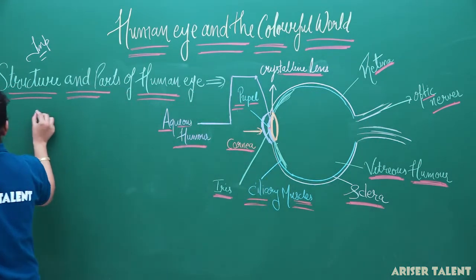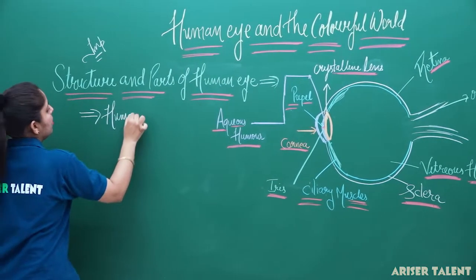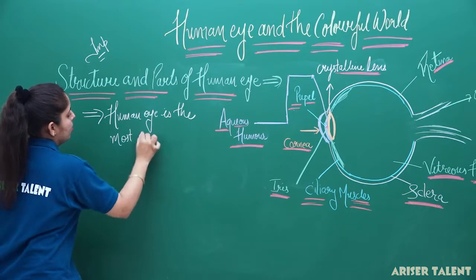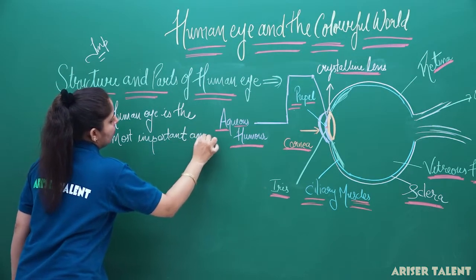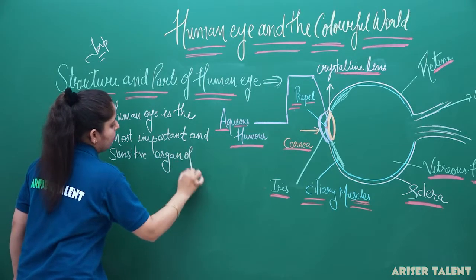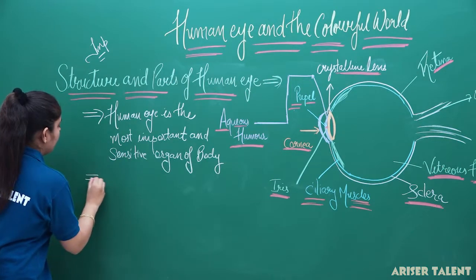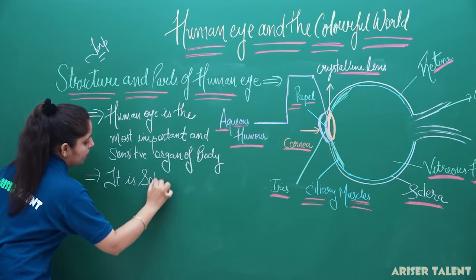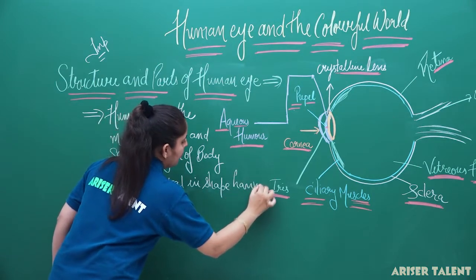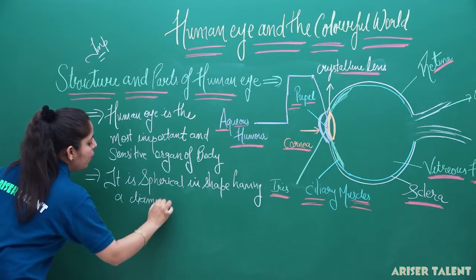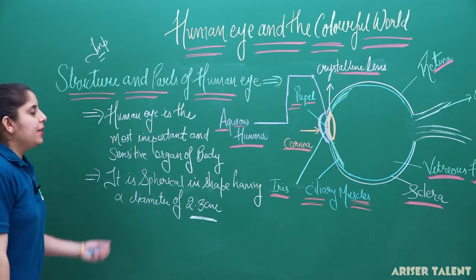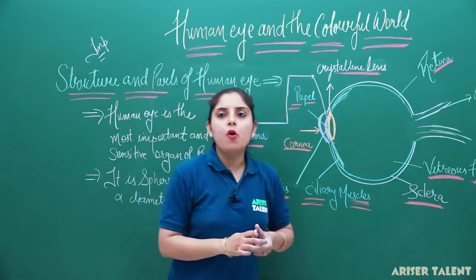So this is the first point to remember, that the human eye is spherical in shape, having a diameter of approximately 2.3 centimeter.